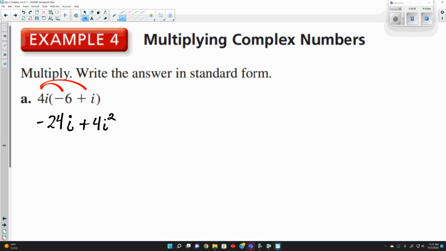But again, we can't leave i with an exponent greater than 1. i squared is negative 1. Because we talked about that a little bit ago. i squared is negative 1.